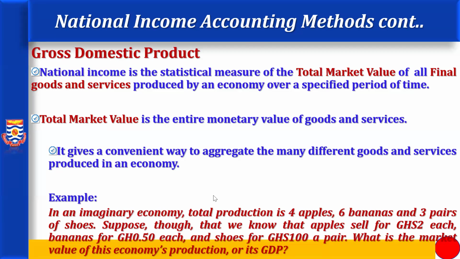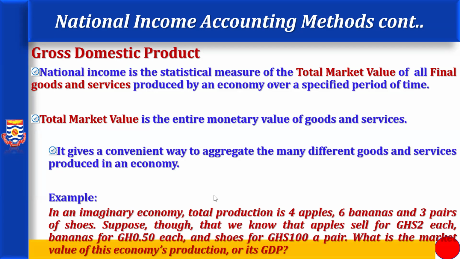Now, one of the simple ways to account for the level of economic activities going on in an economy is to look at the market value of all final goods and services produced by an economy over a specified period of time. So let me explain that. Why we even use the word final goods and services.